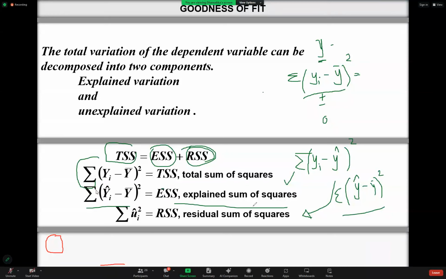We call this explain sum of square. This shows the proportion of total variation explained by the regression model. Is it clear?